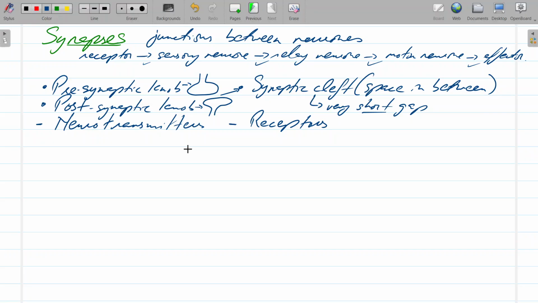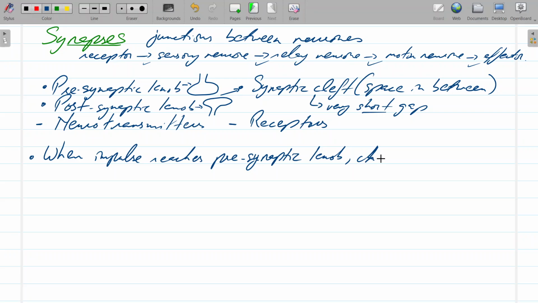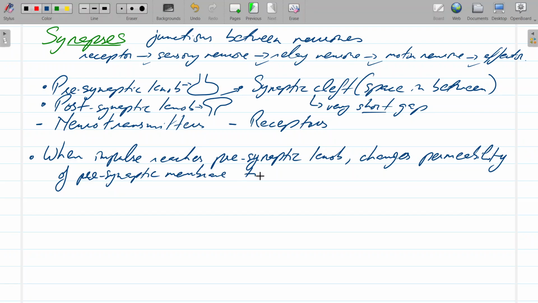Now, when the impulse reaches the presynaptic knob, it changes the permeability of the presynaptic membrane to calcium ions.